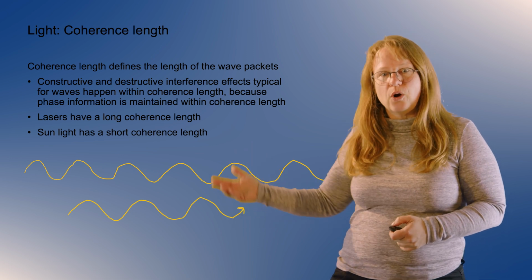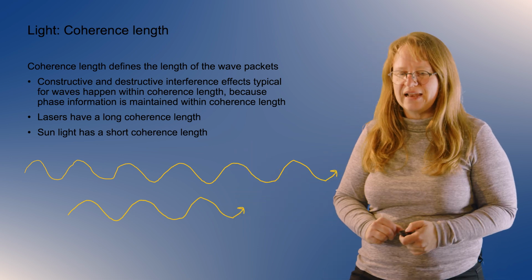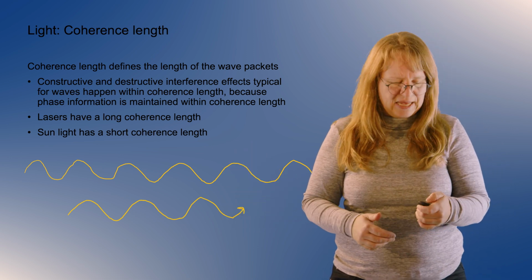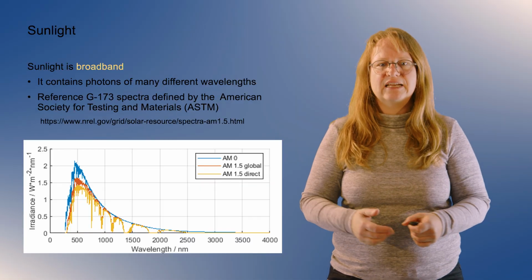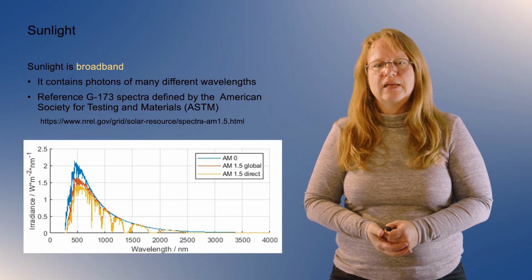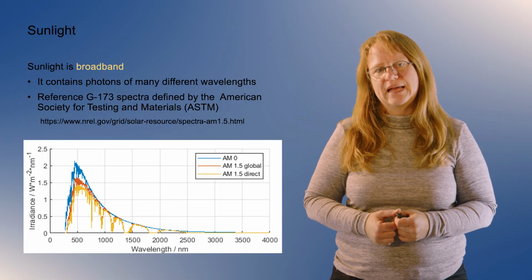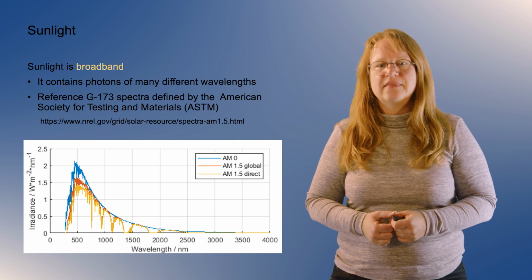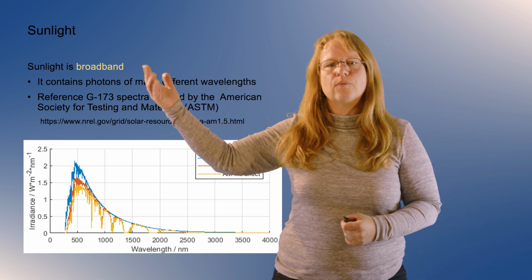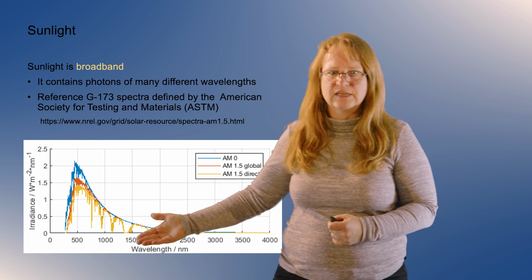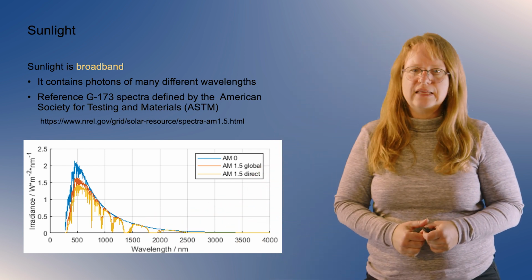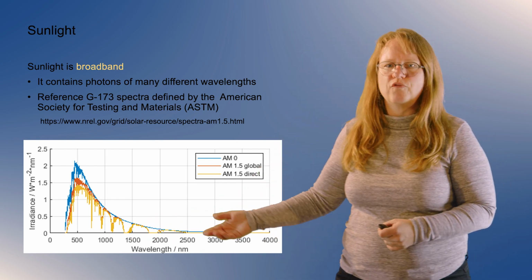Okay, so this was all talking about the monochromatic light. Now let's look at what the sun is sending us. Here I show you an example, or actually three example spectra, of the sunlight. And the sunlight, first of all, is broadband. If we look at these spectra here, we see the irradiance plotted over the wavelength.